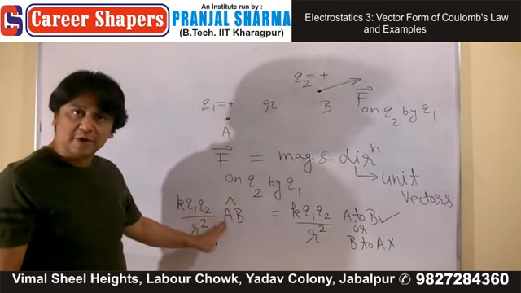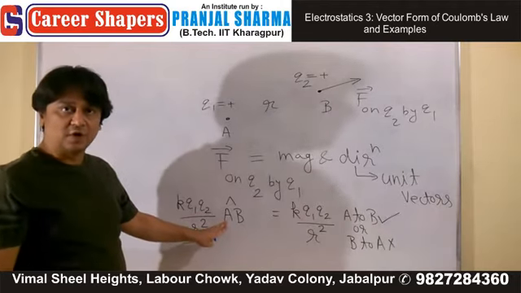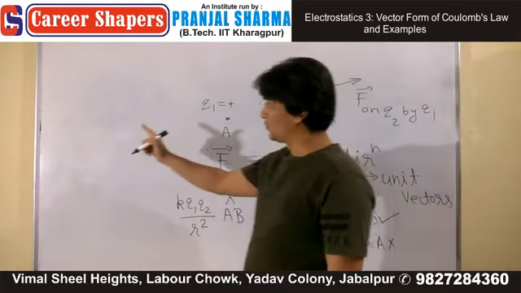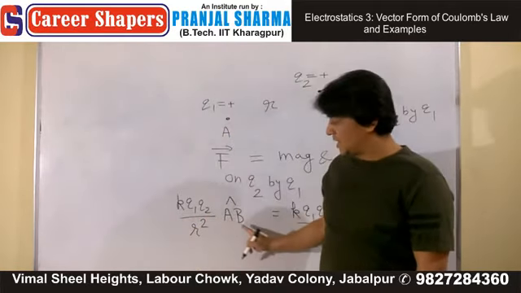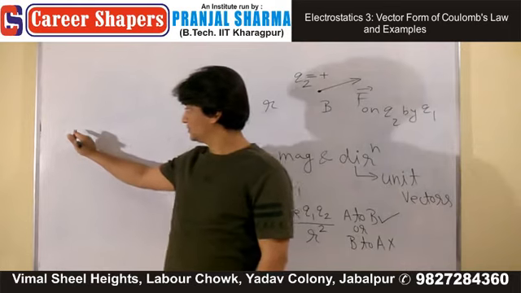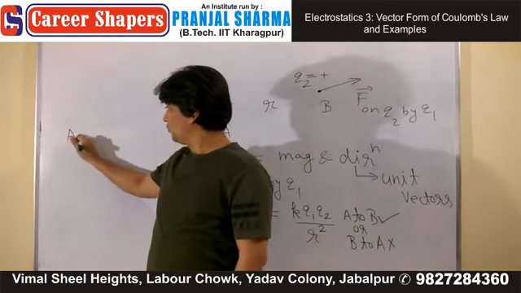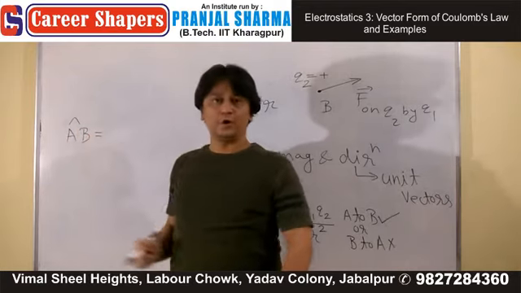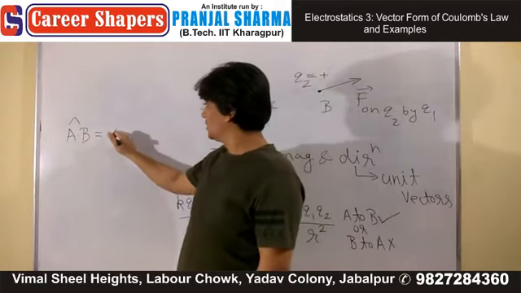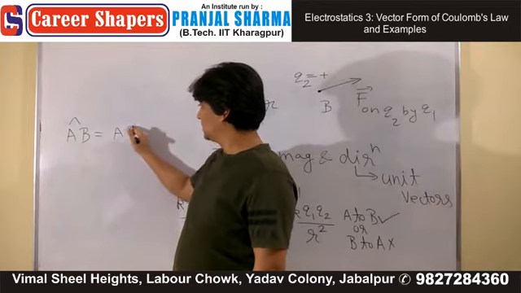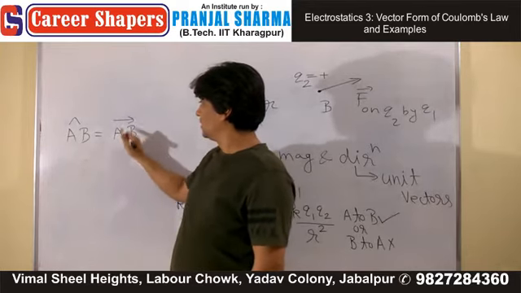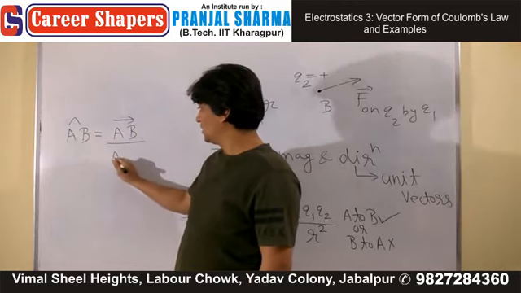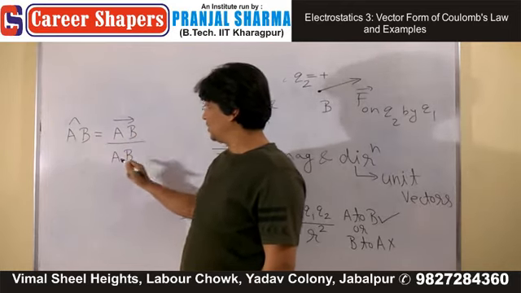Your answer is complete, but we can further refine the answer in this form. How do you find AB cap? How do you find a unit vector? You take a vector AB and then you divide this vector with its own magnitude.